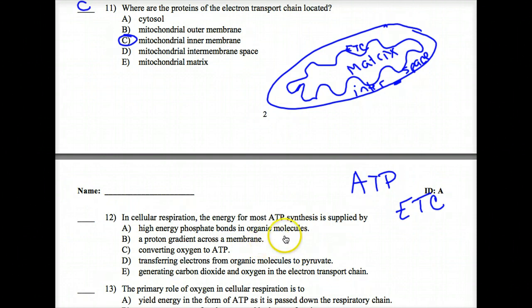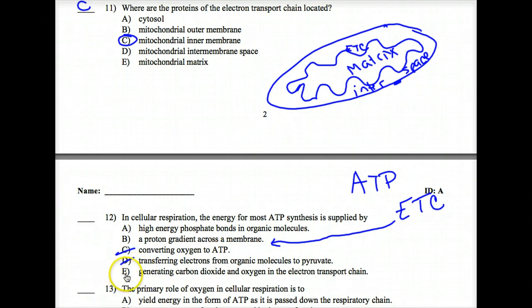A proton gradient across a membrane. Yes. Converting oxygen to ATP. No, that's impossible. Transferring electrons from organic molecules to pyruvate. No, really, we're using the pyruvate to transfer the electrons to the high energy electron carriers, NADH and FADH2.